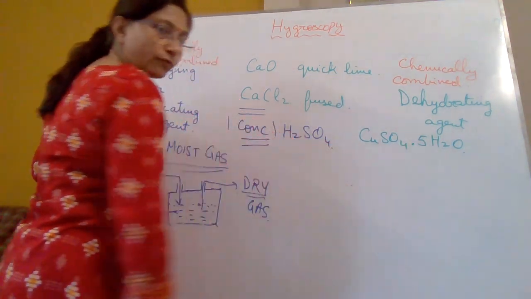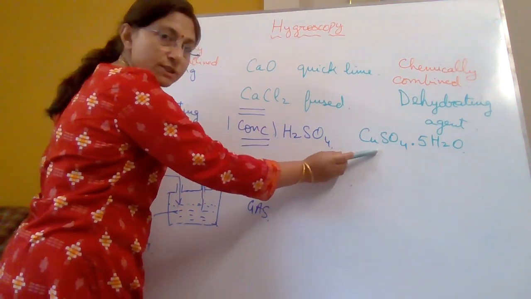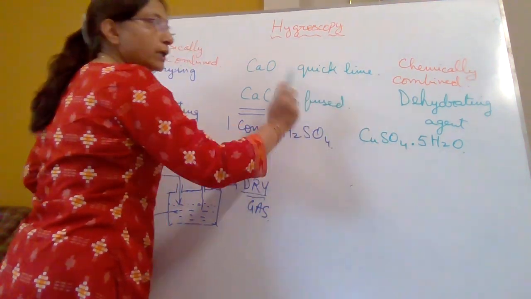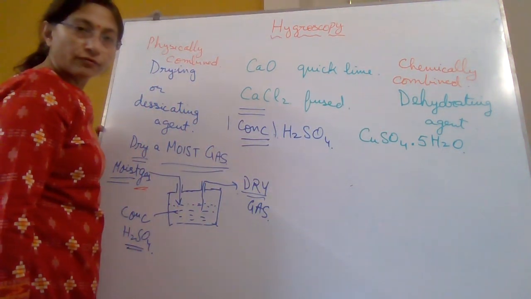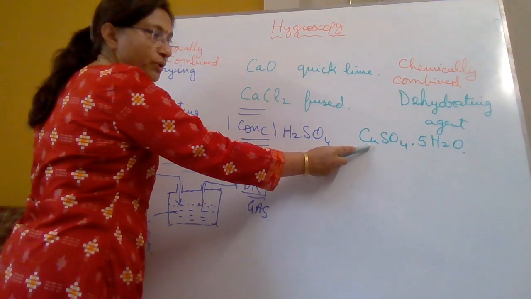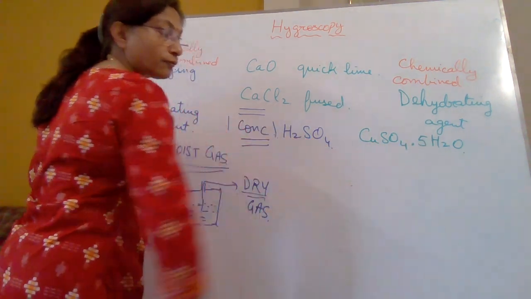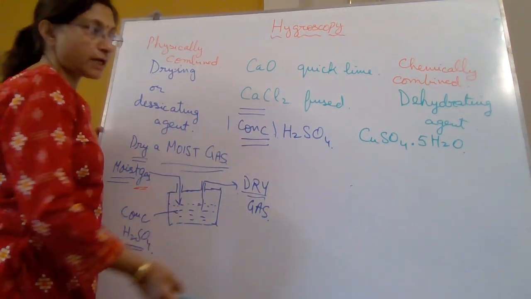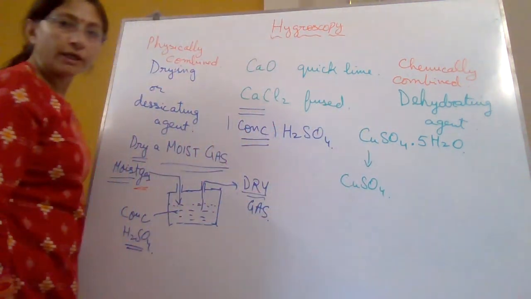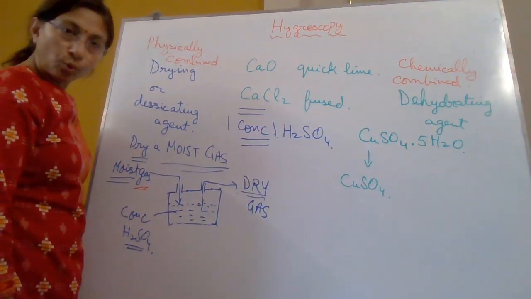So this is water of crystallization, and this water of crystallization is attached to the copper sulfate chemically, right? So simply by adding the dehydrating agent, which can be concentrated sulfuric acid, to CuSO4.5H2O, what will we observe? That the water molecules will be lost and only CuSO4 will be obtained. That means the chemically combined water has been removed.